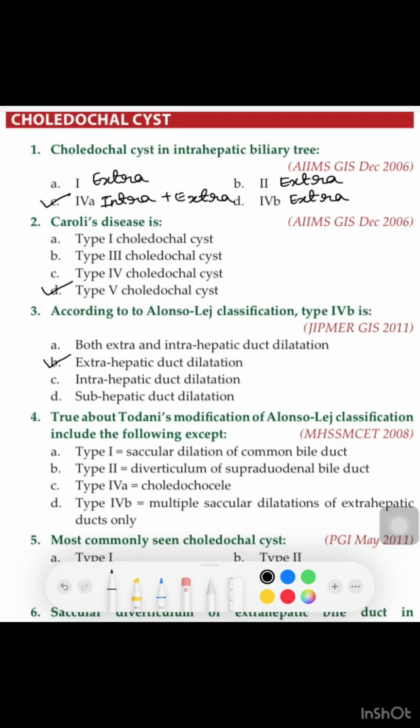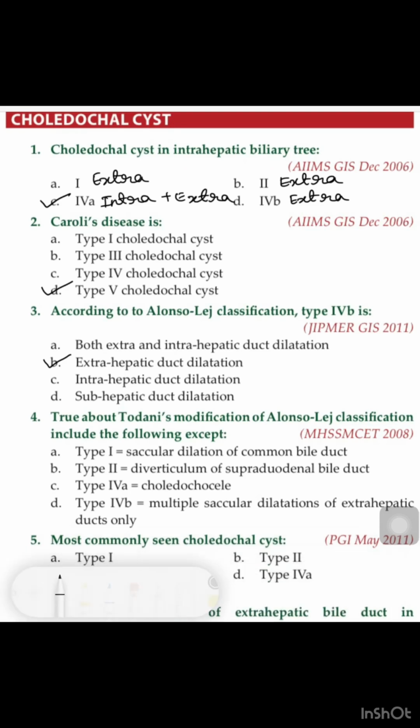True about Todani's modification of the Alonso-Lej classification include all of the following except: type 1 is saccular dilatation of the CBD. Yes, type 1b is saccular. Type 2 is diverticulum of the supraduodenal bile duct.